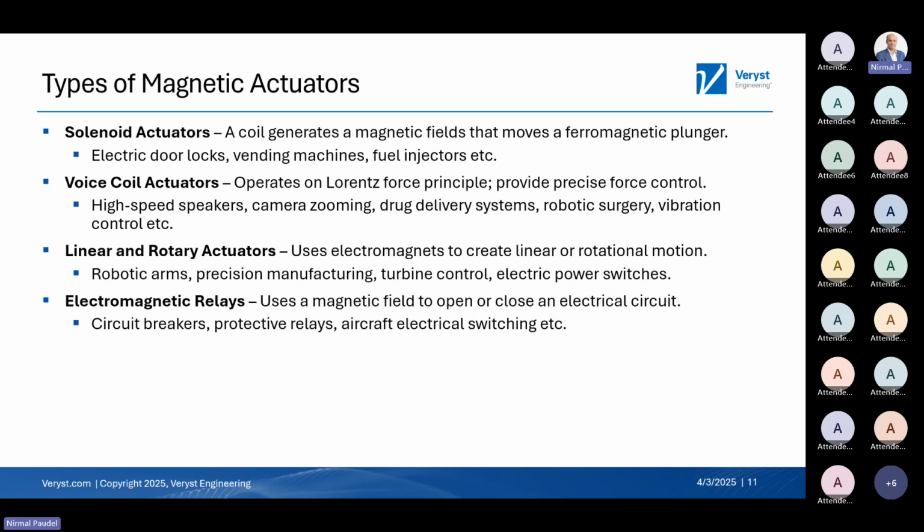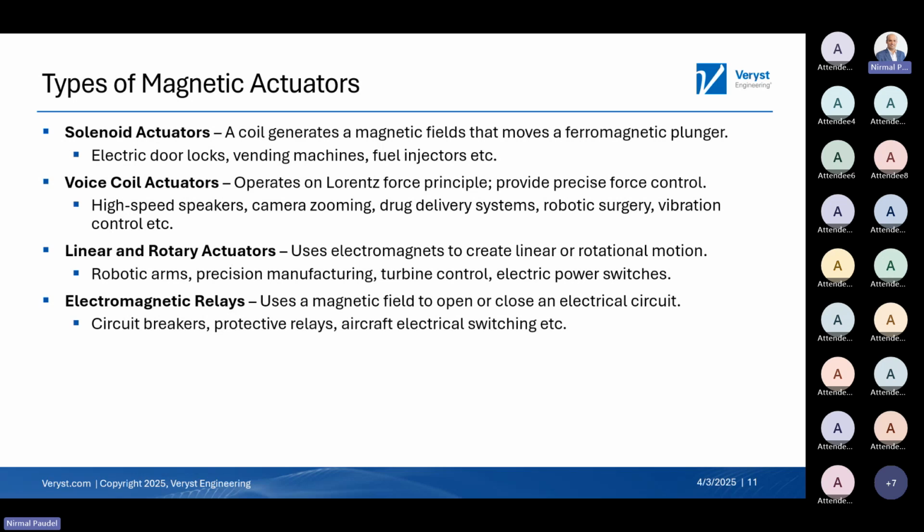So they're typically used in electric door locks and vending machines. Voice coil actuators operate based on the Lorentz force principle, provide precise force control, and they're used in camera zooming, high-speed speakers, drug delivery systems, and vibration control, where the speed is the key.